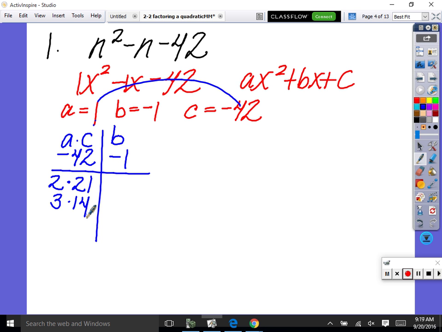So then keep going, divided by 5, divided by 6. 6 times 7, and then 42 divided by 8. Anything? How about 9? 10? 11? 12?